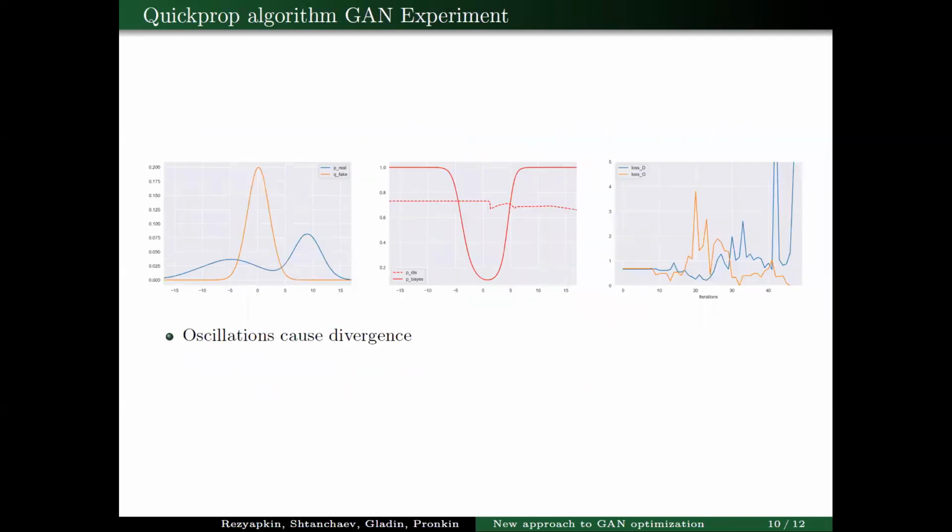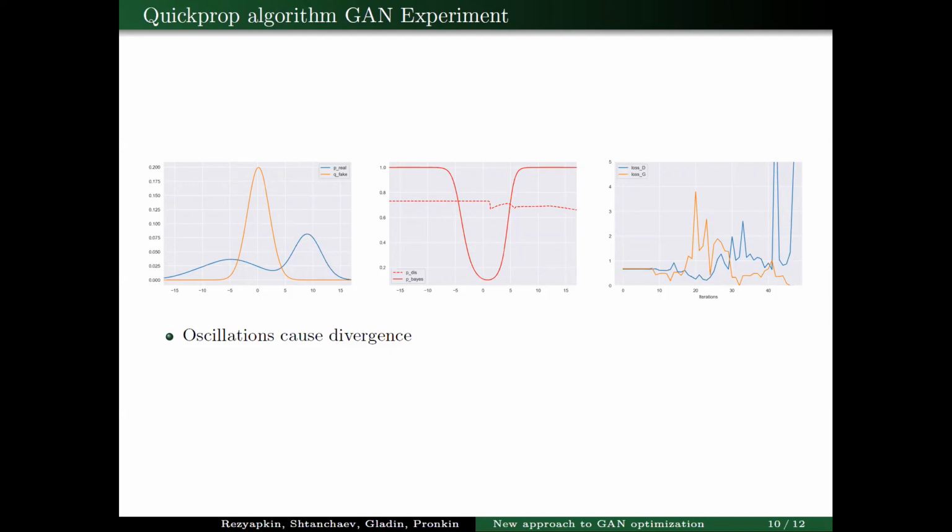Please open the next slide. Also, we've tried an experiment on generative adversarial networks. Here we can see on the very left side the original distribution and the reconstruction of the distribution using the GANs. On the very right side, you can see the loss function of the Quickprop method.